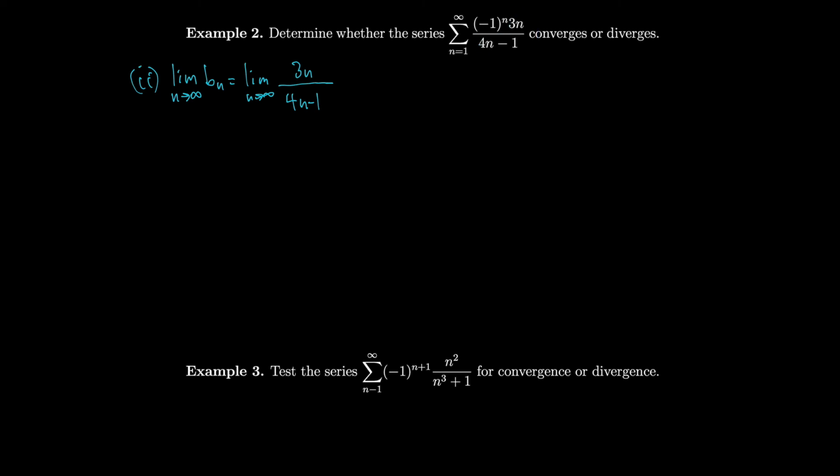Without the sign, it's bn. So this is the limit of 3 over 4 minus 1 over n if we just divide by n. And that's just 3/4, which is not 0. Since the limit of bn is not 0, we can't use the alternating series test. So let's see if we can figure out if it diverges some other way.